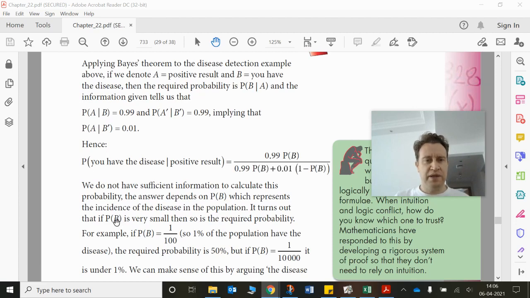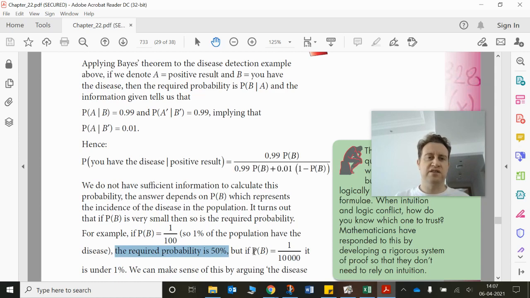Now, if P(B) is very small, then so is the required probability. So, for example, if the probability of B, in other words 1% of the population has the disease, is 1 over 100 in this case, then when you put that into here, you're seeing that the required probability is 50%. So there's a 50% chance that you have the disease.